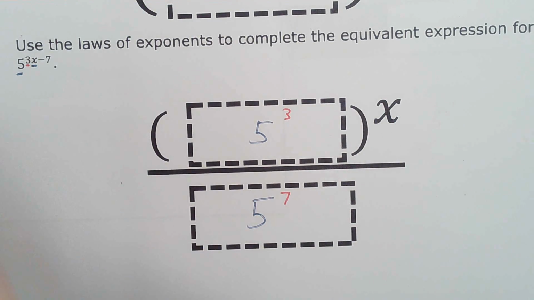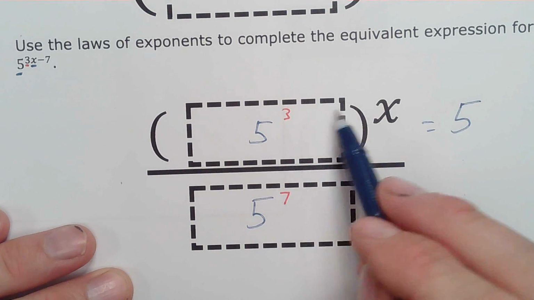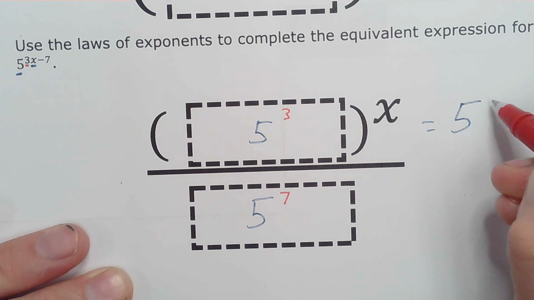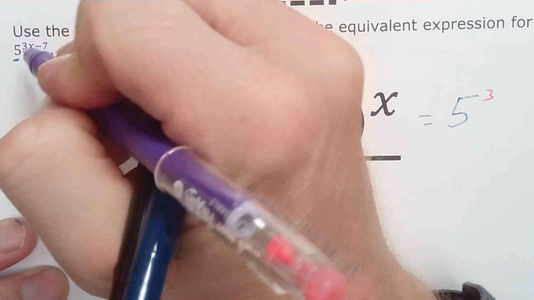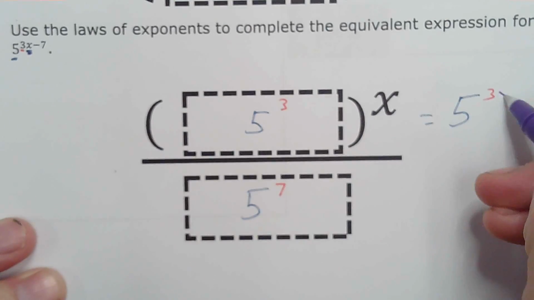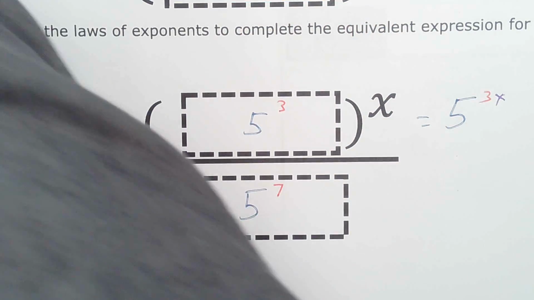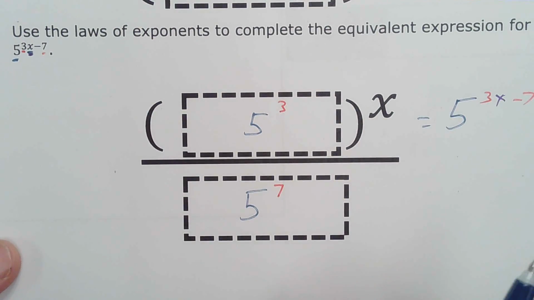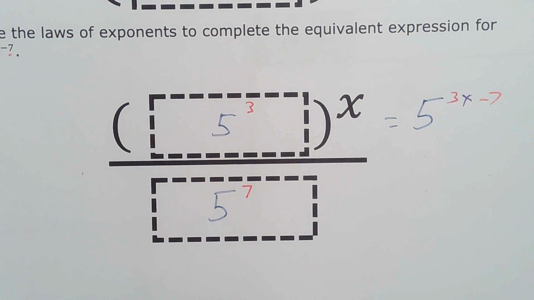So 5 is your base, equals 5, and then you're multiplying the 2 together, so this is going to be 3x, and I'll make this purple, 3x, and then it's going to be minus 7, we'll make this pink, minus 7, because it's going to be minus 7 up there. Okay, so that's how you figure that one out.